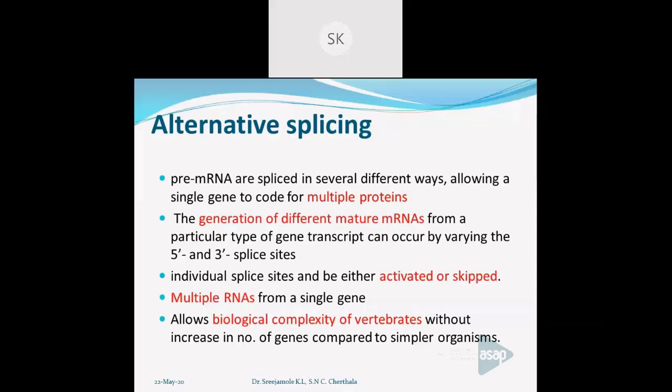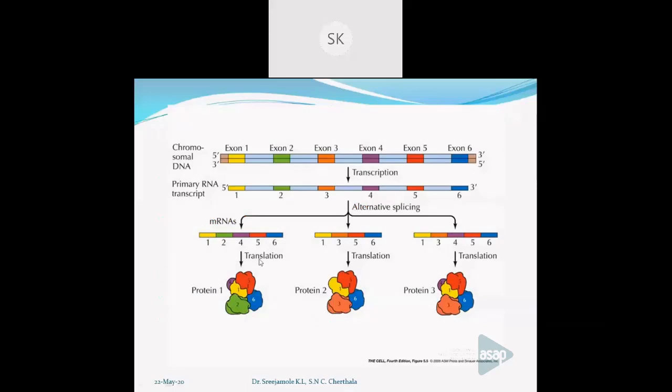And this is brought about by the process known as alternative splicing, which increases the biological complexity of the proteins. So this is what happens during alternative splicing.